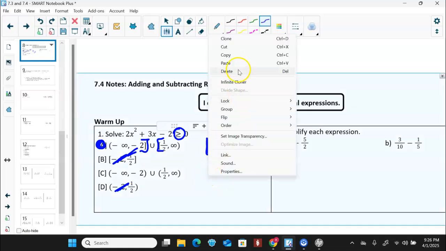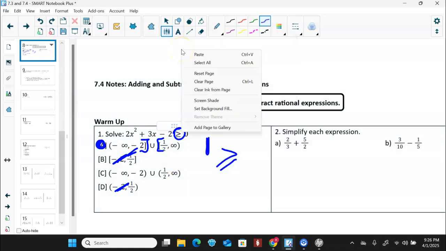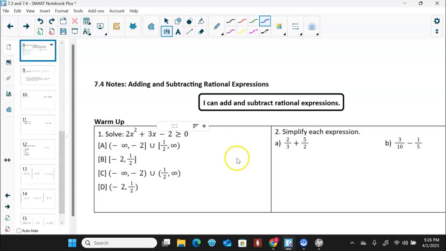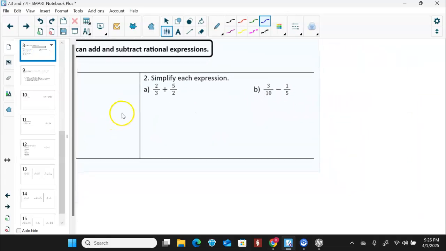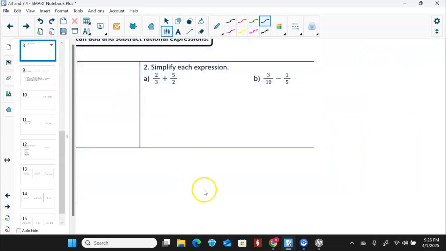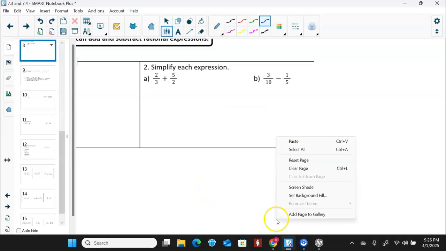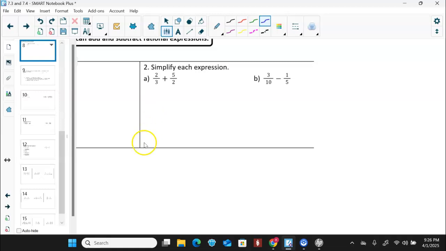Now let's look at adding and subtracting fractions. Remember that to add and subtract fractions, the denominators have to be the same. They have to have a common denominator. Now, 3 and 2 right here, so we are going to have 2 over 3 plus 5 over 2.